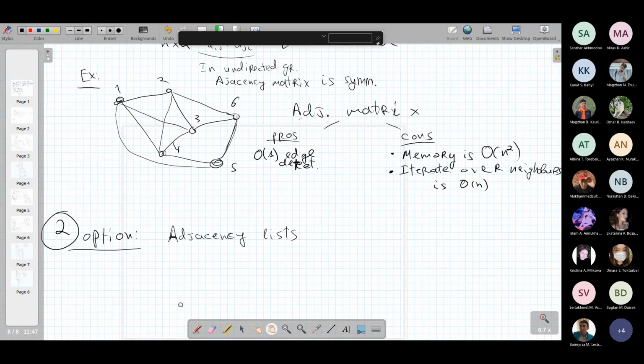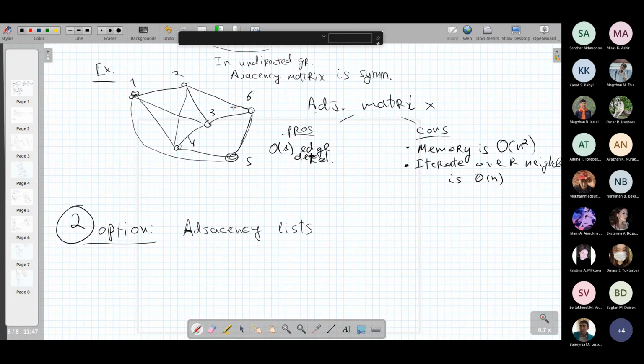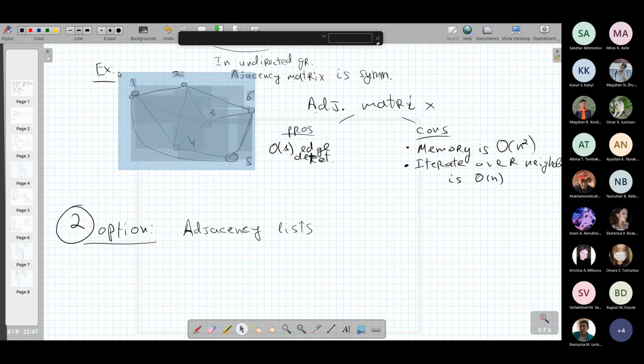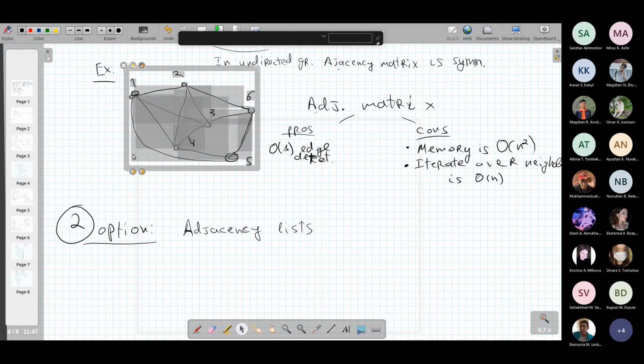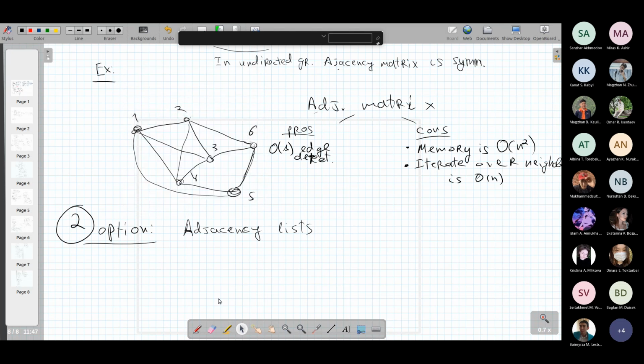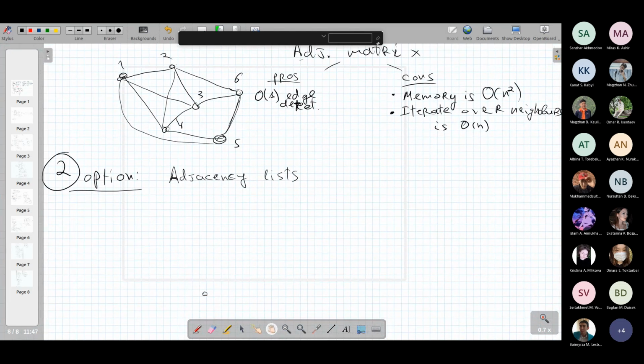For example, instead of storing the entire matrix for that graph, let us put that graph a bit slower.